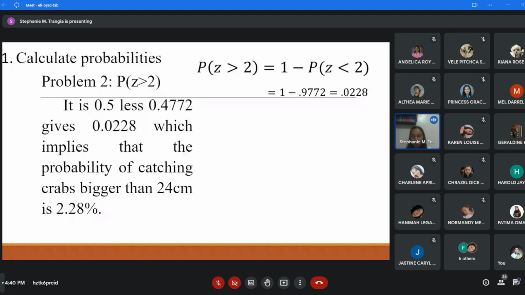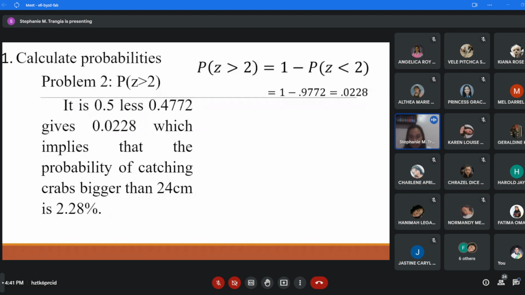Karon unsaon ako pagpangita ang probability of Z greater than 2? Ang question ako is probability of Z lesser than 2 plus probability of Z greater than 2 is equal to 1.